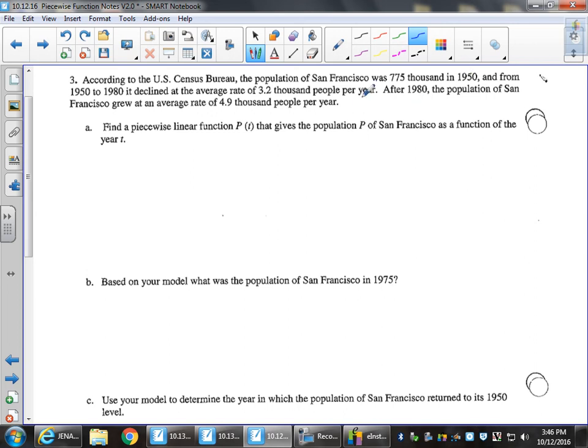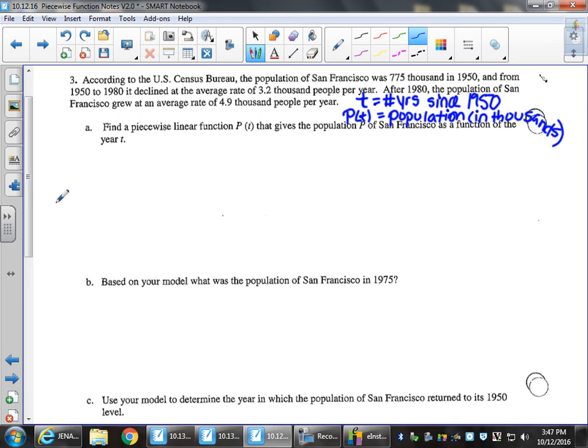So I know 1950 will be my 0 year. Let's let t equal number of years since 1950. P of t will be defined as population in thousands.